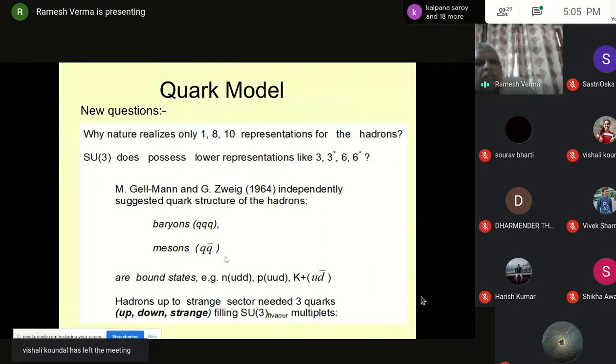So in this way, these 3 kinds of quarks can be used to fill up the triplet representation, and antiquarks are filled up by the 3 star, and diquark states are used to fill up 6 star and all that.